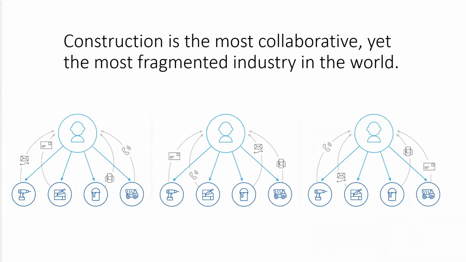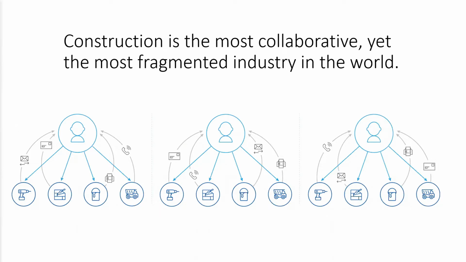If we dig into the construction industry, it's actually one of the most collaborative businesses in the world, sometimes taking up to hundreds of different companies to put a building up or a bridge up. Despite this, the data and information exchange within the construction industry remains fragmented.